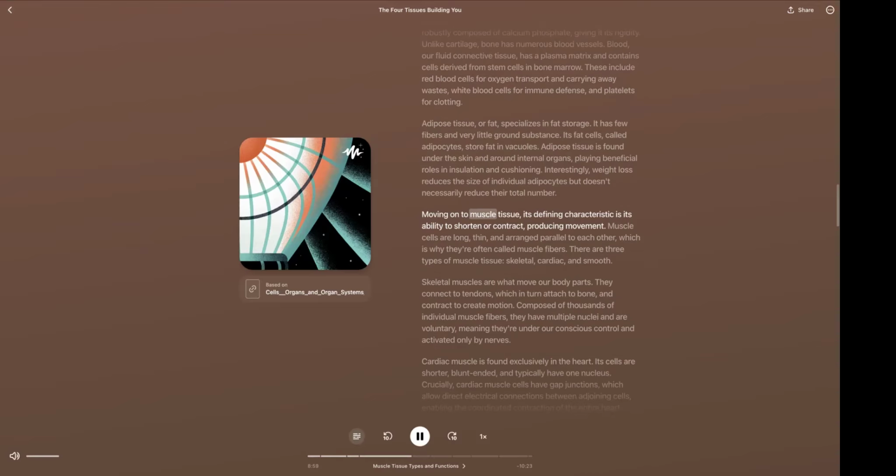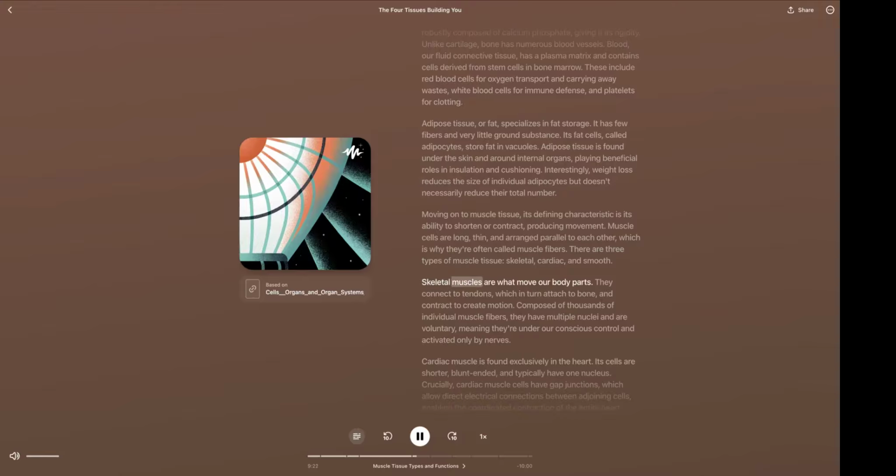Moving on to muscle tissue, its defining characteristic is its ability to shorten or contract, producing movement. Muscle cells are long, thin, and arranged parallel to each other, which is why they're often called muscle fibers. There are 3 types of muscle tissue: skeletal, cardiac, and smooth.